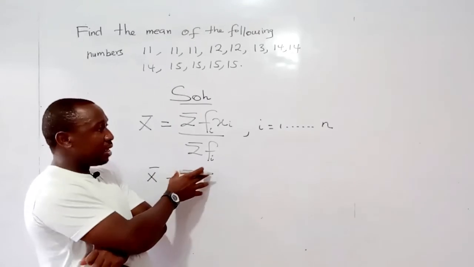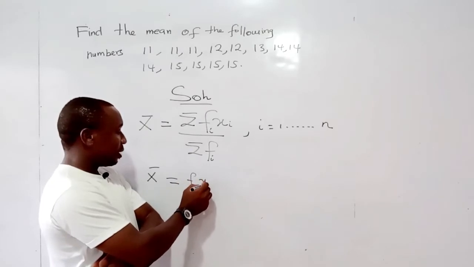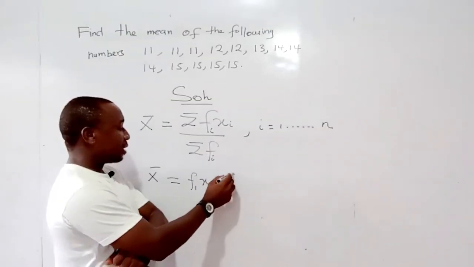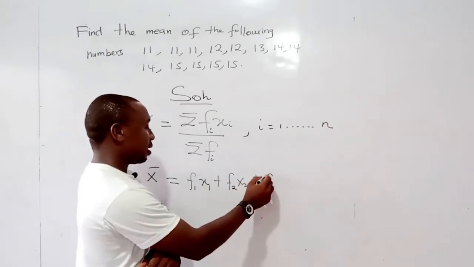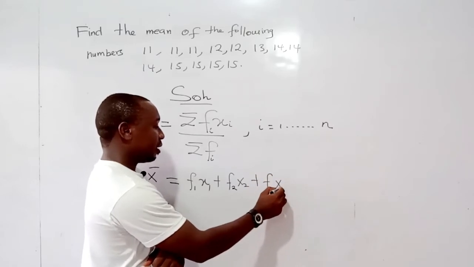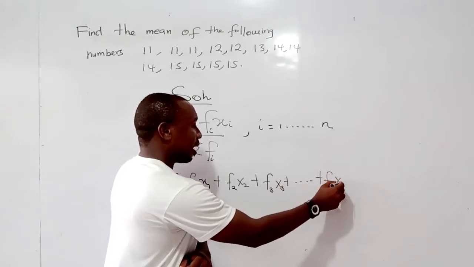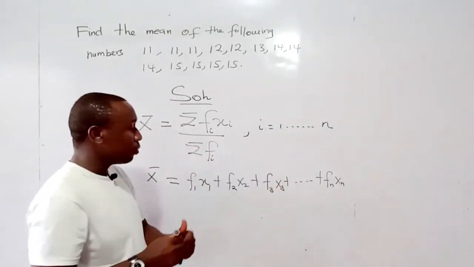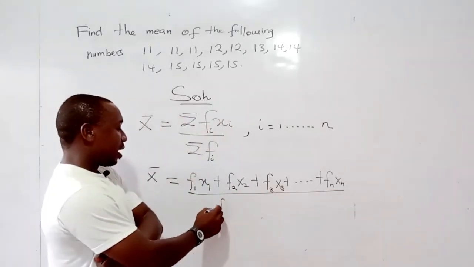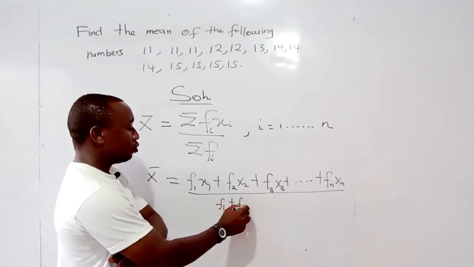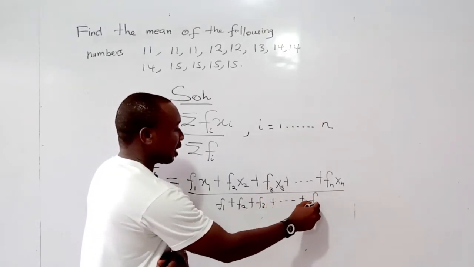So we will add f1 x1 plus f2 x2 plus f3 x3 plus dot dot dot plus fn xn, all over f1 plus f2 plus f3 plus dot dot dot plus fn.